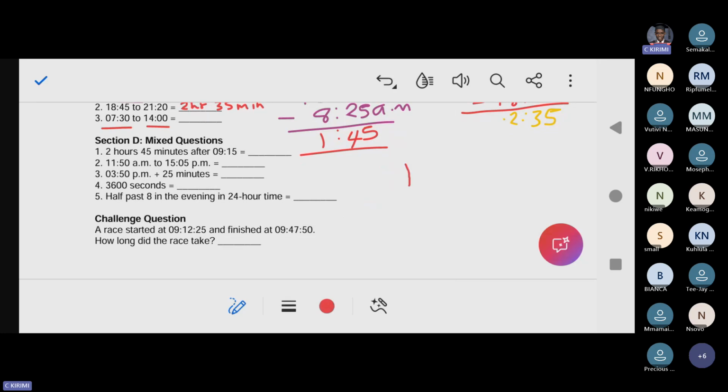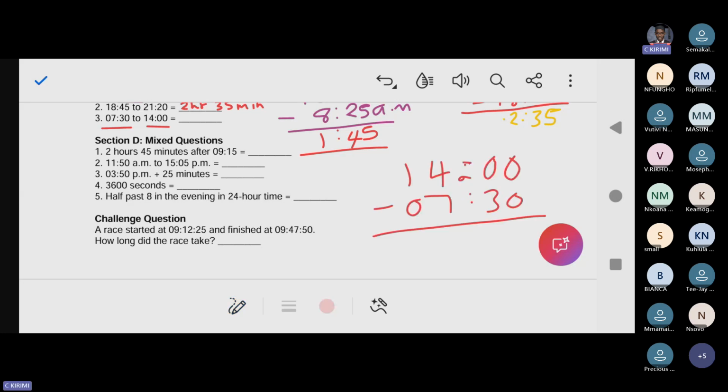Time is part of your exam, so you must know how to calculate. So 14:00, which is 2 p.m. in the afternoon. We are subtracting 14:00 minus 07:30, which means 7:30 in the morning. Then we subtract.